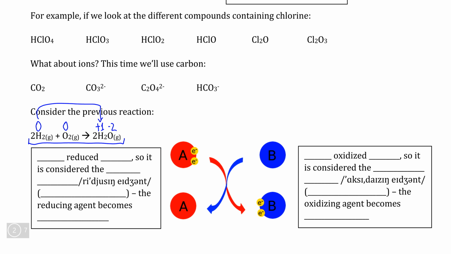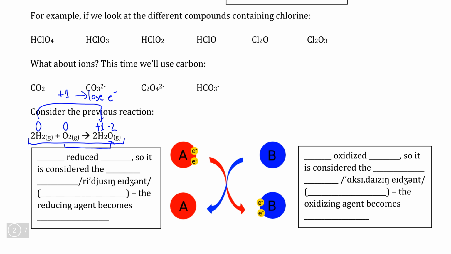Now, if we compare hydrogen gas to hydrogen within water, we see a net change of +1 in terms of its oxidation number, which means that each hydrogen has lost 1 electron. And of course, we know that this is how hydrogen works because of its electronegativity, so no surprise there.